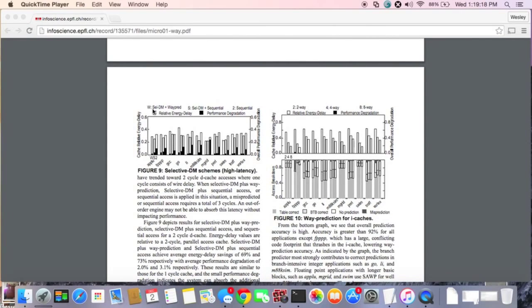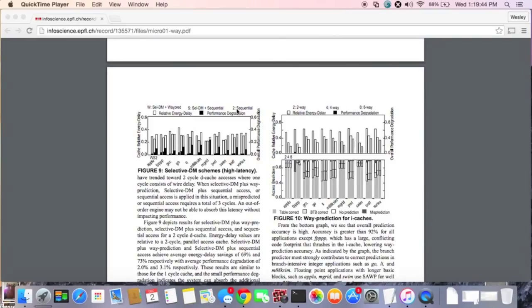This is for selective direct map plus way prediction, selective direct map plus sequential, and sequential. So we get less energy in the second one, which is selective direct map plus sequential. And we see a high performance degradation for just the sequential accesses. That is because of the cache access times.